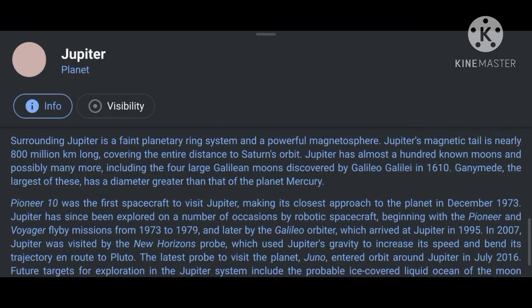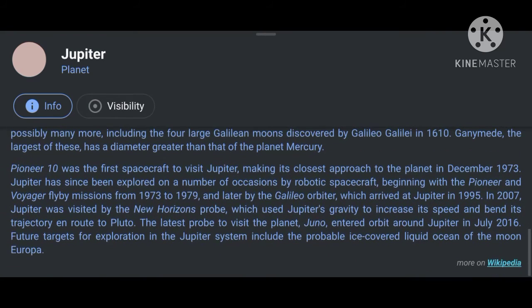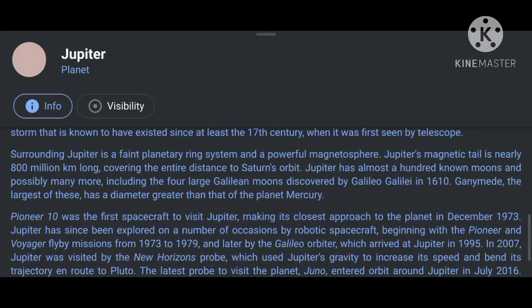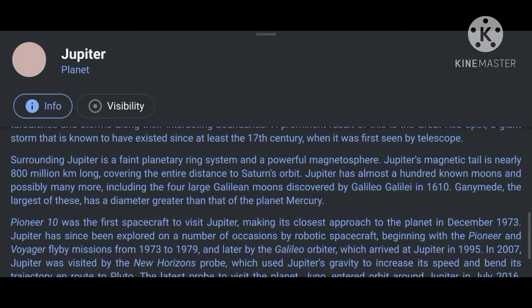Aside from its giant size, Jupiter also has the highest gravitational force and a powerful magnetosphere, and this magnetic tail covers the entire distance to Saturn's orbit.